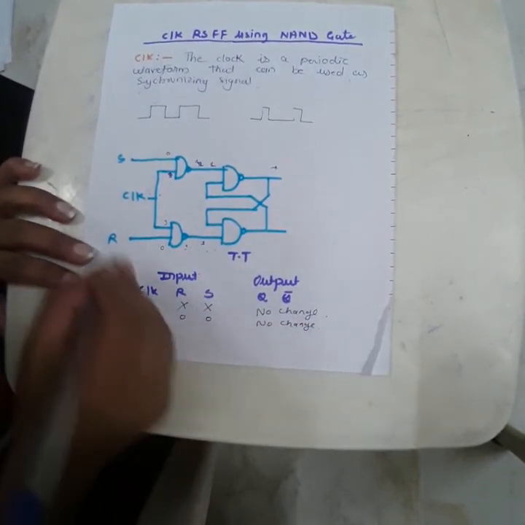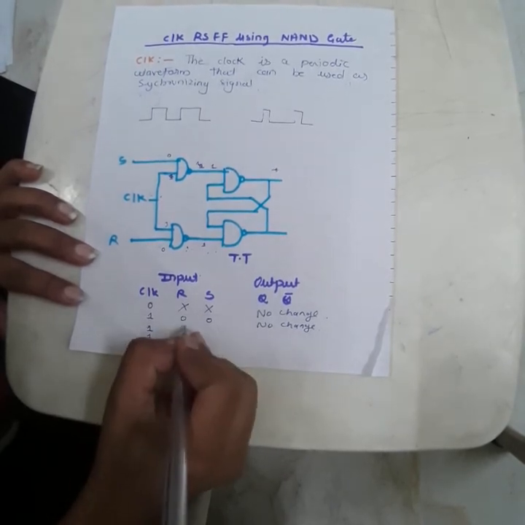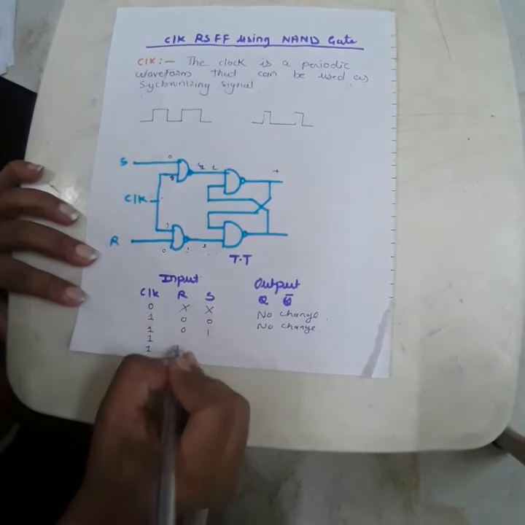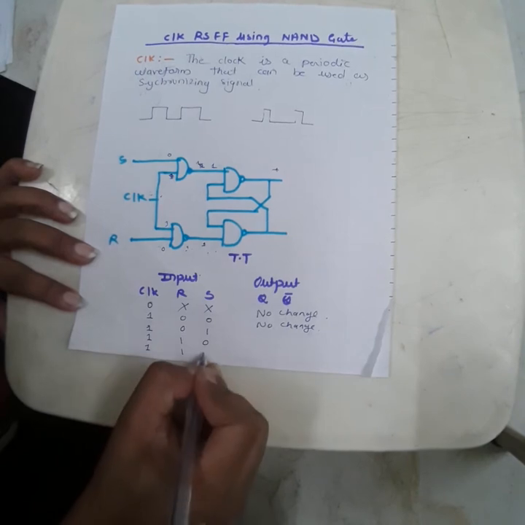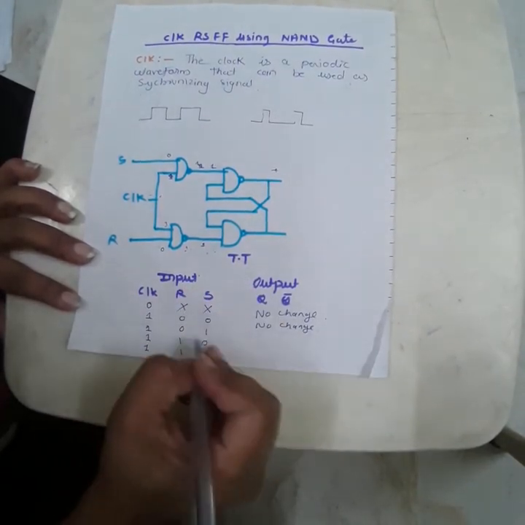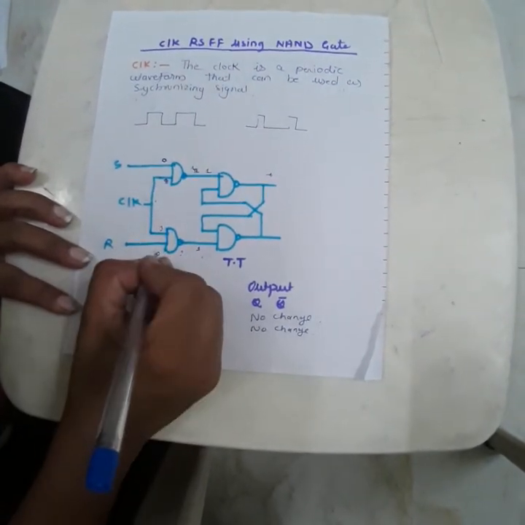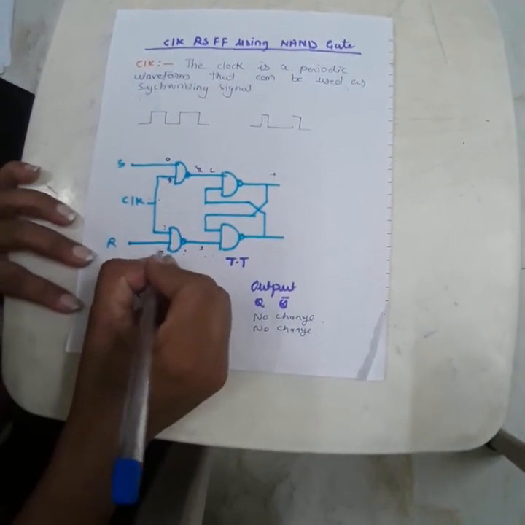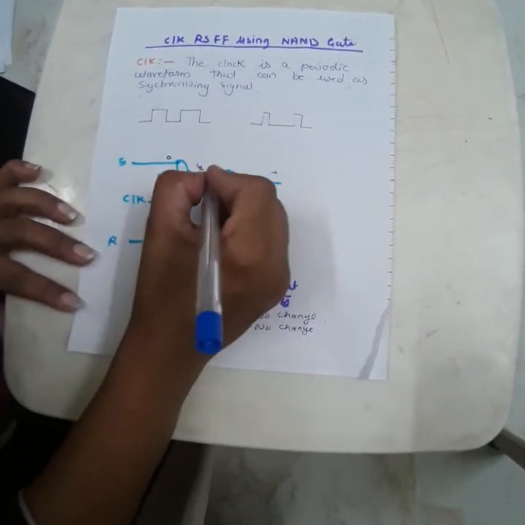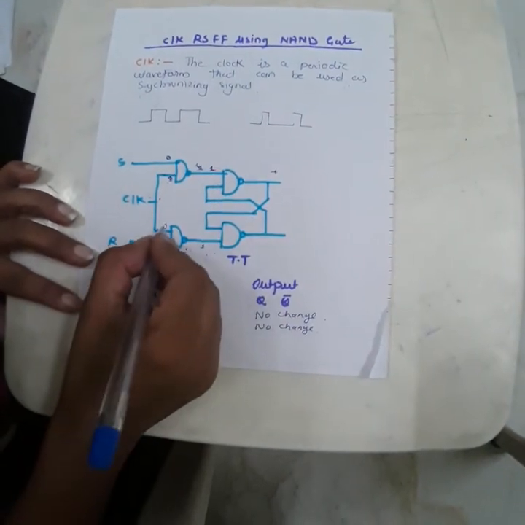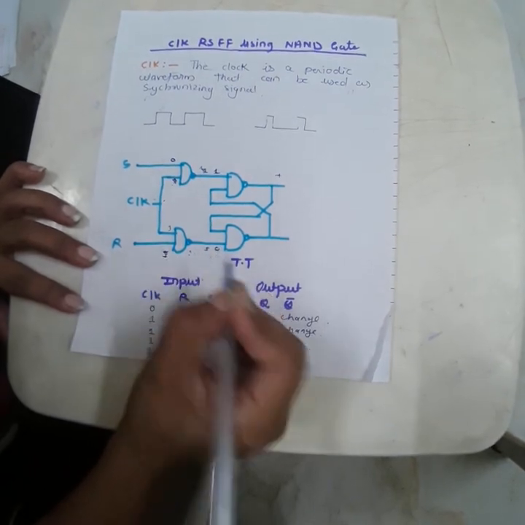In this way we check the remaining conditions, where R equals 0 and S equals 1, R equals 1 and S equals 0, and R equals 1 and S equals 1. Now for S equals 0 and R equals 1, here one of the inputs is 0, so your output is 1, and here both are 1, so your output is 0.